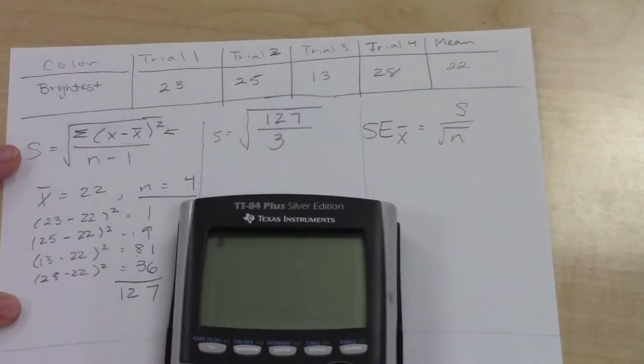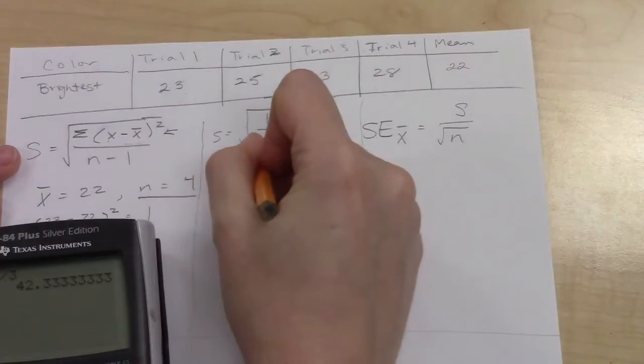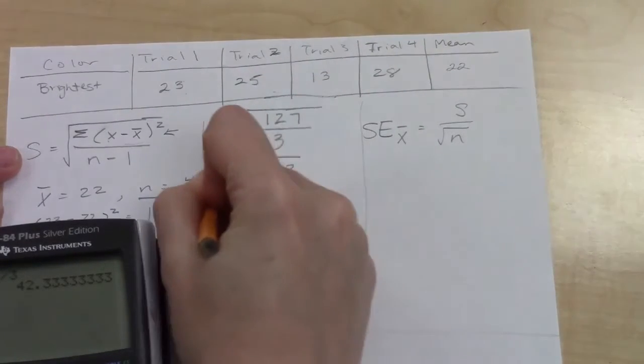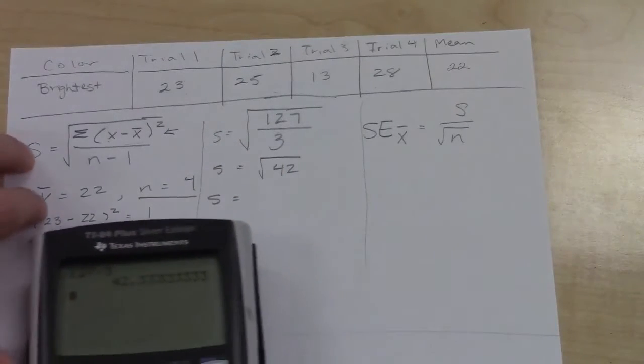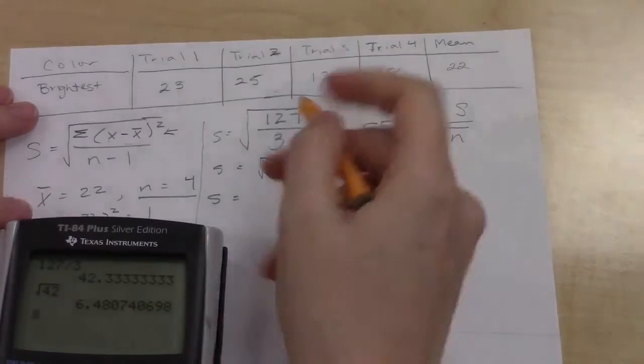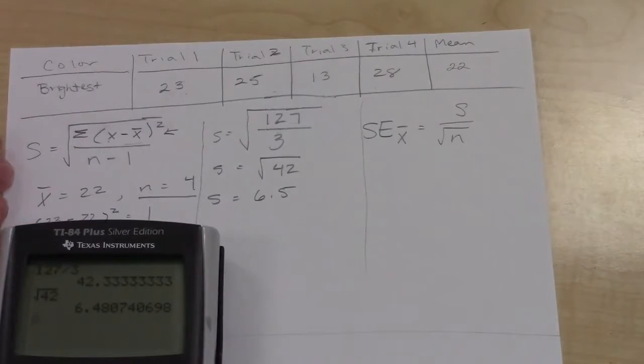Now we use our calculator for 127 divided by 3, I'll round to 42. S equals the square root of 42. So standard deviation is 6.48. I'll round to 6.5. Awesome.